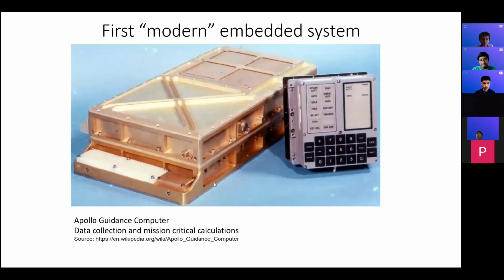So the first modern, let's say, embedded system was the Apollo guidance computer, and it was responsible for collecting information and guiding basically the rocket, steering the rocket, and making sure everything works correctly.